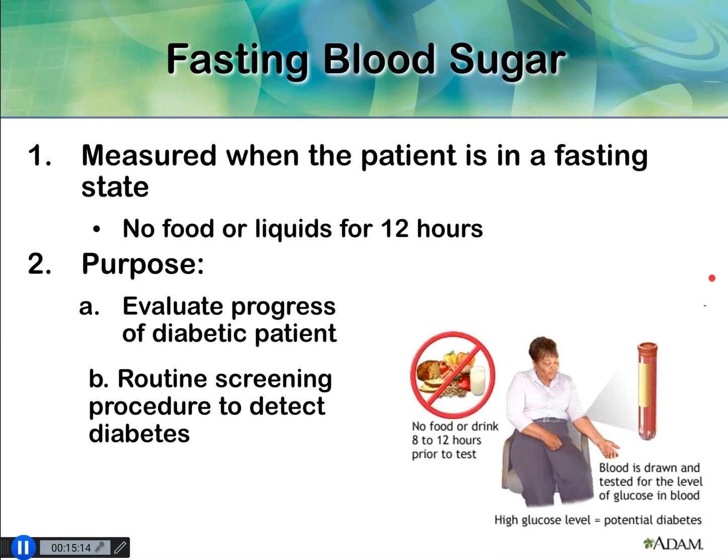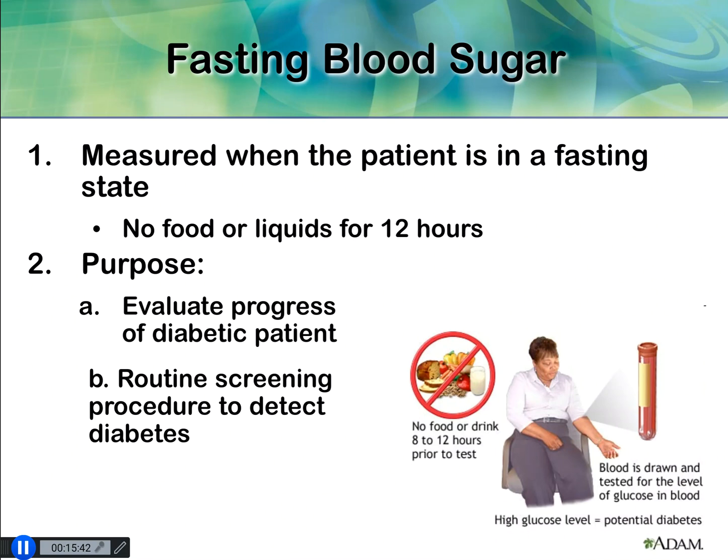So the fasting blood sugar is measured obviously when the patient's fasting. So a true fasting state means that they have not had any food or liquids for 12 hours. So anything other than water. And some places will tell you that black coffee is okay because it doesn't have any calories or glucose or anything like that that will affect the readings. But you want to be careful with that too.